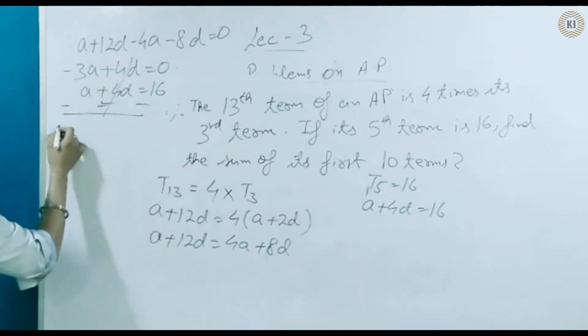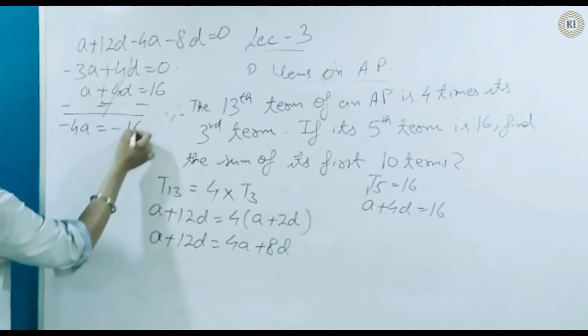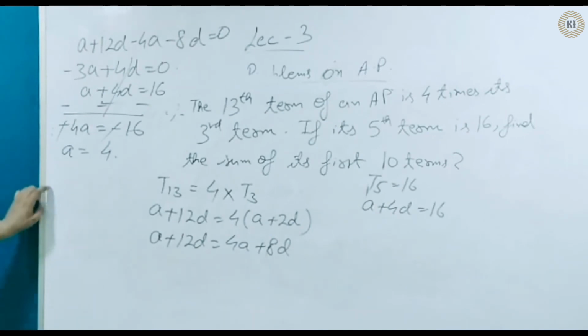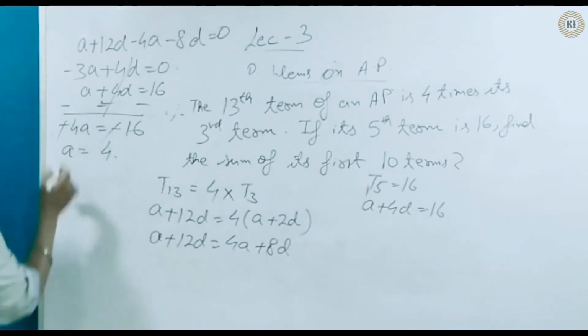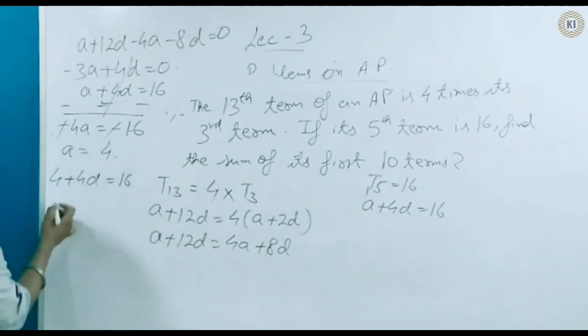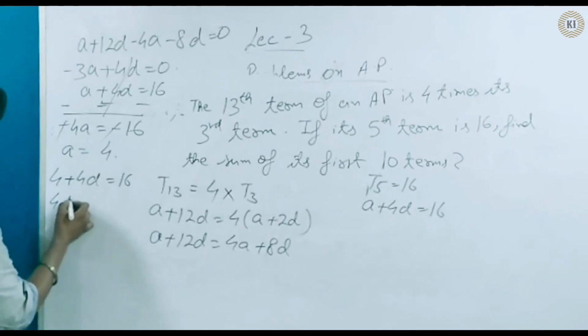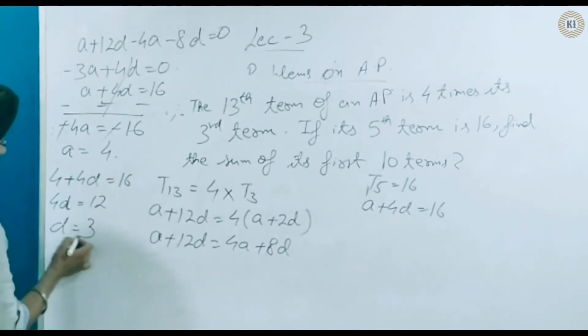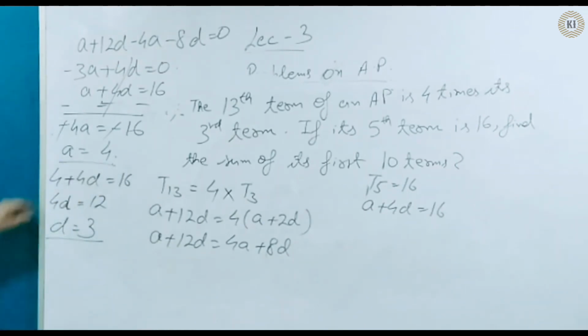Minus 3A minus A will be minus 4A is equal to minus 16. Value of A will be 4. Now put the value of A in equation number 1 or in equation number 2. Put it here. 4 plus 4D is equal to 16. 4D is equal to 16 minus 4 will be 12. Value of D will be your 3. Value of A is 4. Value of D is 3.